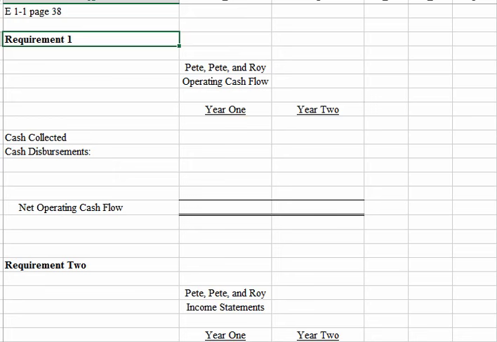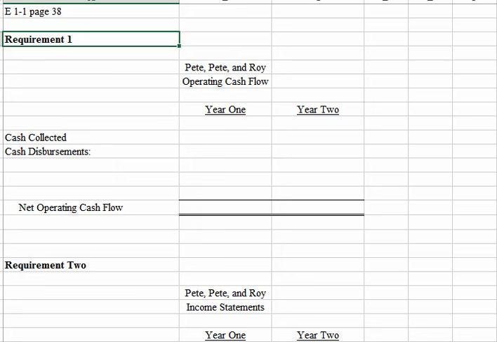So let's read through the problem, and I'm going to put this template up for you on the website, and you can work this one along with me. And then on the Connect Plus site, I'll send you out an email giving you instructions as to how to sign up with Connect Plus. It's a textbook supplement.